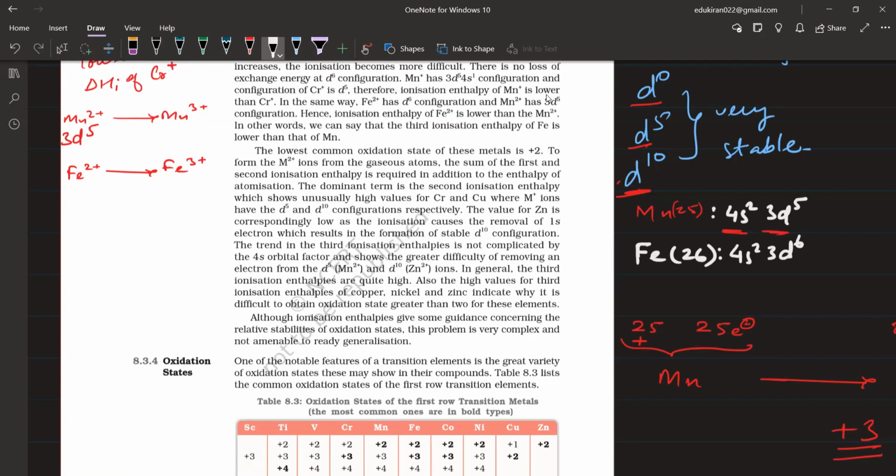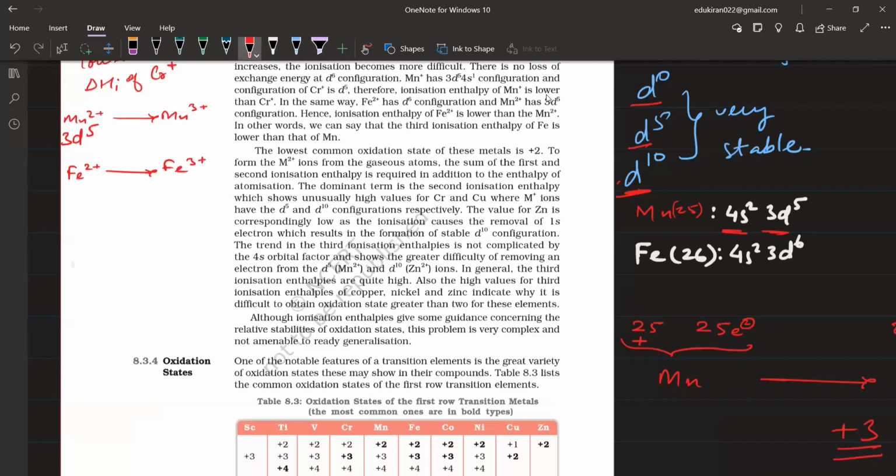So 4s has how many electrons? 2. How many electrons do we need to remove for Mn3 plus? 3. So you remove the first electron from 4s. Once you have removed one electron, it will become 4s1.